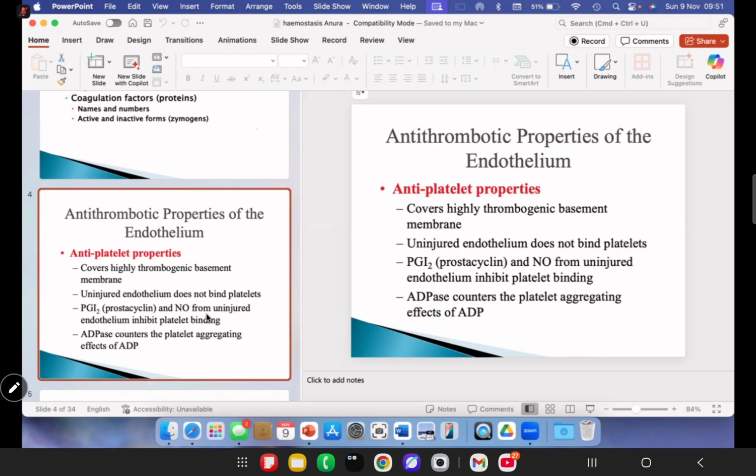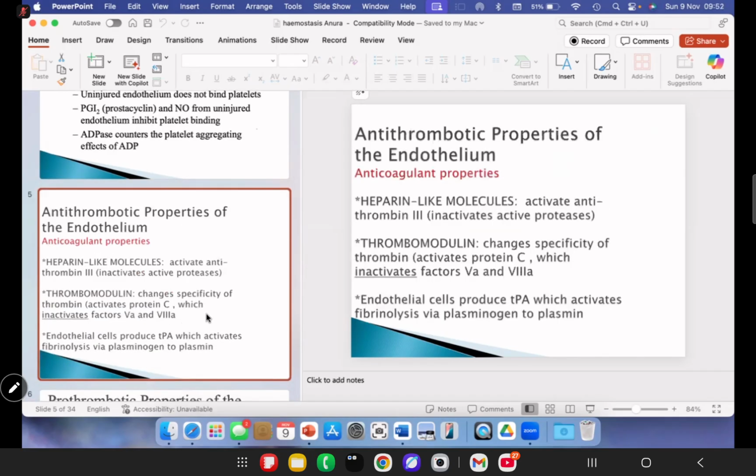Those are some of the factors, and apart from that there are others. The endothelium has heparin-like molecules, which activate antithrombin 3. Another thing, thrombomodulin changes the specificity of thrombin and activates protein C, which inactivates factor 5 and 8.